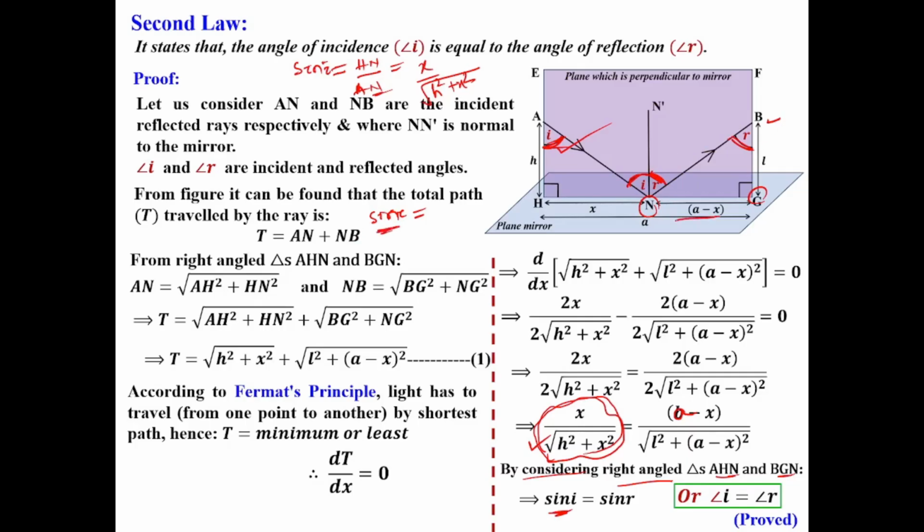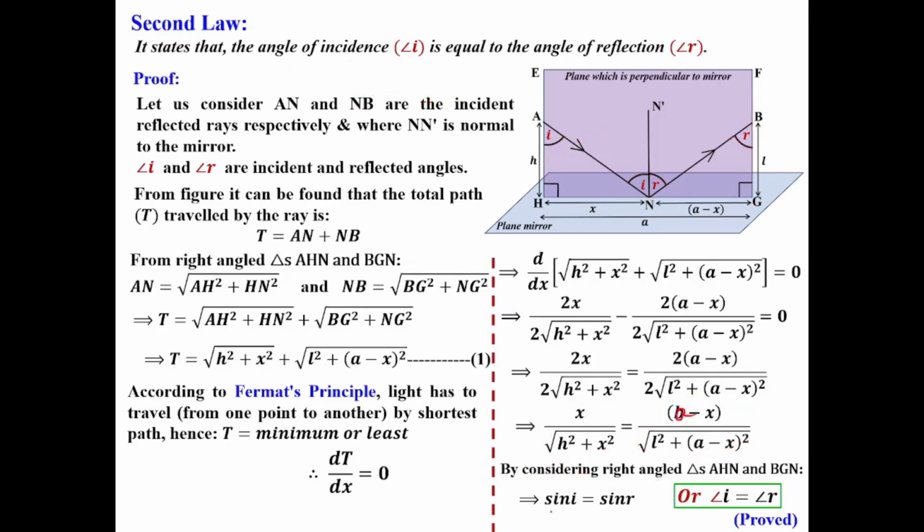This distance, that is NG by NB. NG is nothing but your a minus x, and NB is nothing but the square root of L square plus a minus x whole square. So this term is nothing but your sine r, right?